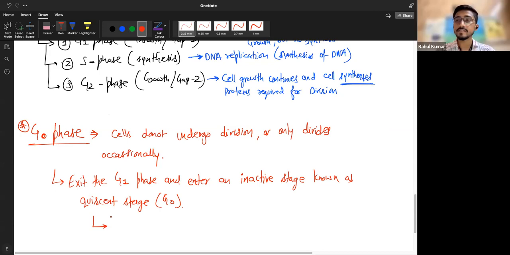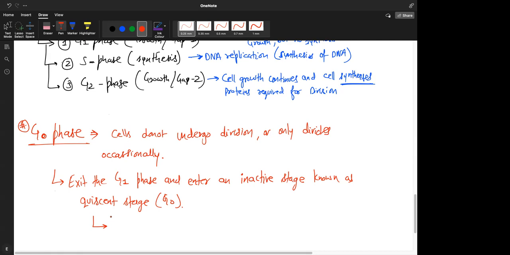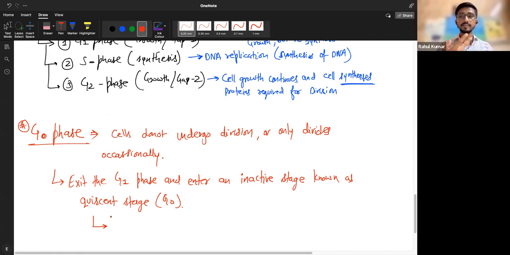So if any system is living, what are the characteristic features of it being living? What distinguishes living from dead? Remember, metabolism was one characteristic. If a cell has to be living, respiration, metabolism, consciousness, right? These three characters have to be there. So even though few cells enter into the G0 phase, quiescent stage, it does not mean that they are metabolically inactive.